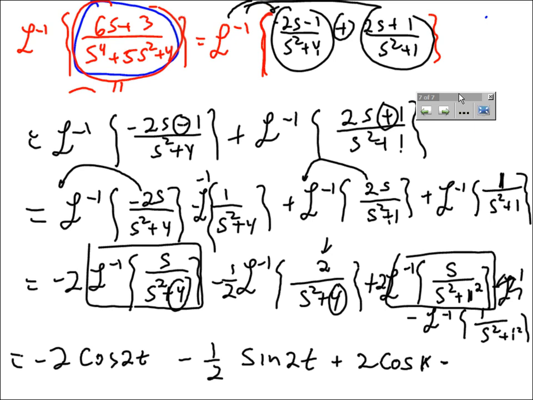It has s on top, and k is 1, the cosine of 1t, I meant to say. Cosine of t, just like the one before. And there's the answer. So you have to know some Laplace transformations.